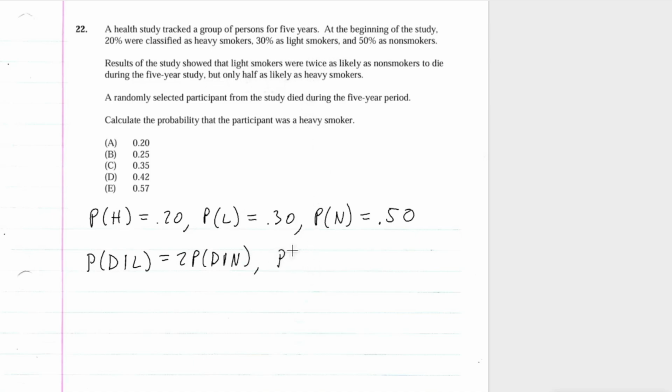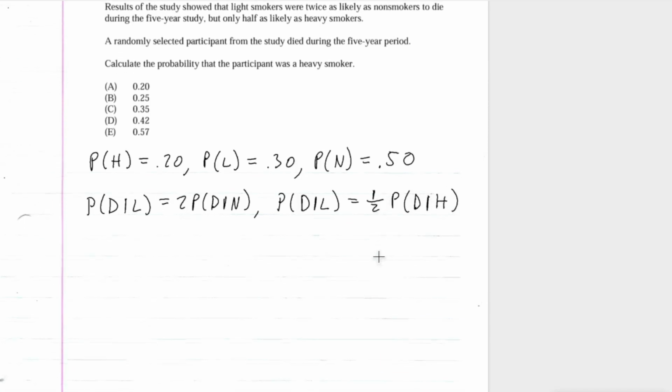So the probability of dying given being a light smoker is equal to half the probability of dying given that they were heavy smokers. All right, so what I'm going to do here is have it in terms of the probability of D given N and the probability of D given H.